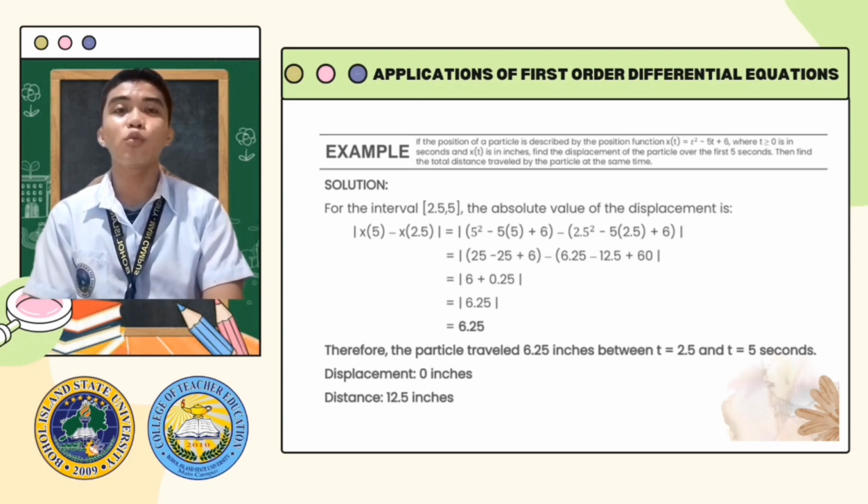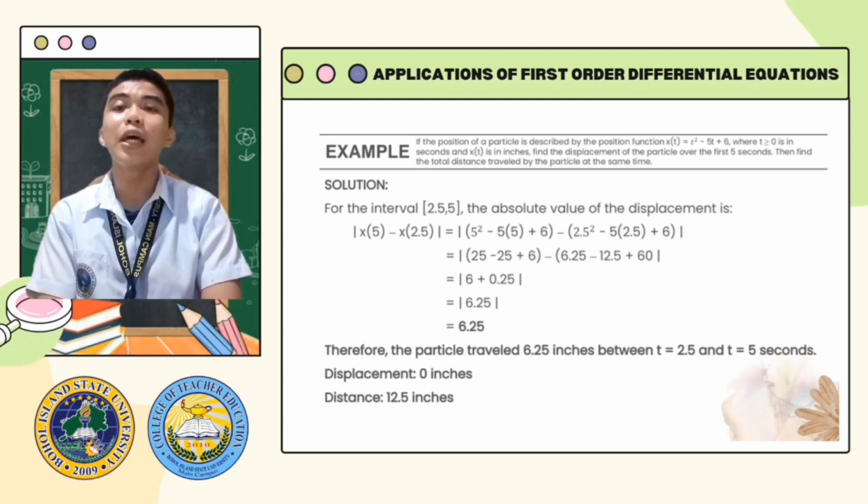Simplify the equation. We get the absolute value of the quantity 25 minus 25 plus 6 minus the quantity 6.25 minus 12.5 plus 6. Now simplify, we get the absolute value of 6 plus 0.25, then add, we get the absolute value of 6.25. Therefore, the absolute value of x of 5 minus x of 2.5 is equal to 6.25.